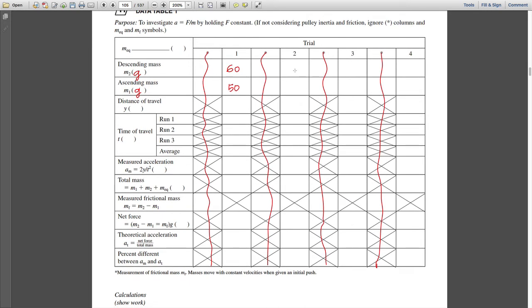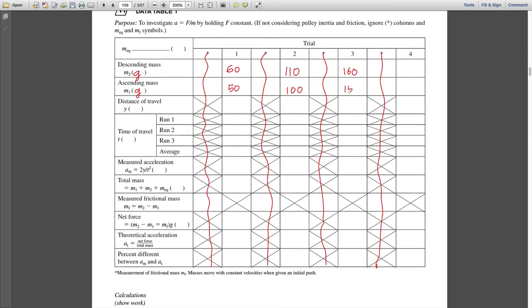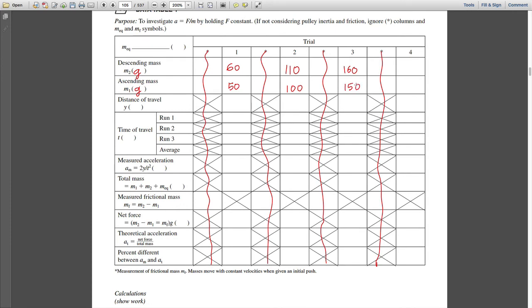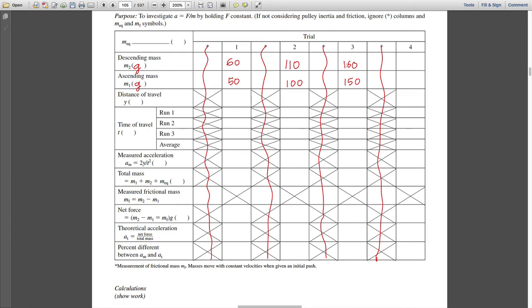This is one set. Your next set is going to be, add a 50-gram mass on each of them. That will be 110, and this will be 100, and then add another 50 on each of them. This will be 160, and this will be 150, and then again add a 50, but our simulation system doesn't allow that, so just add a 40 on this one.